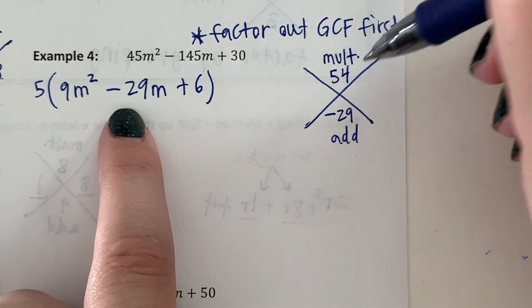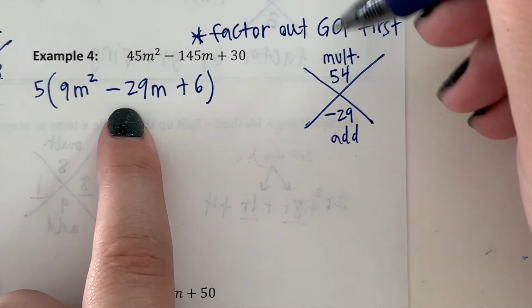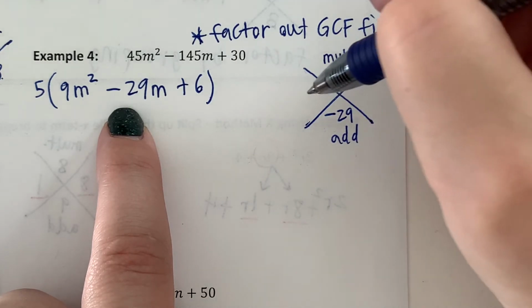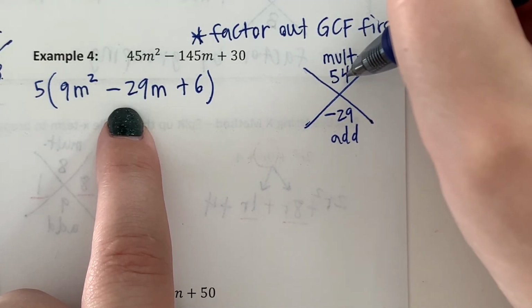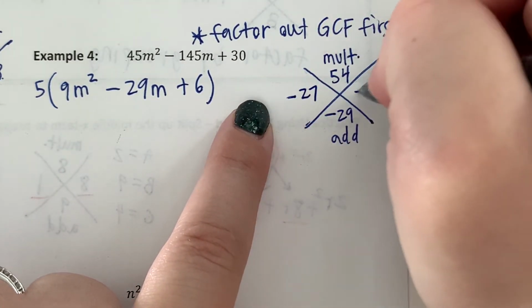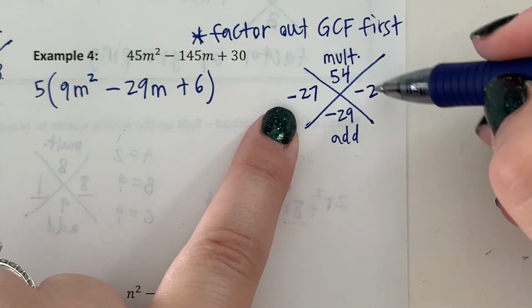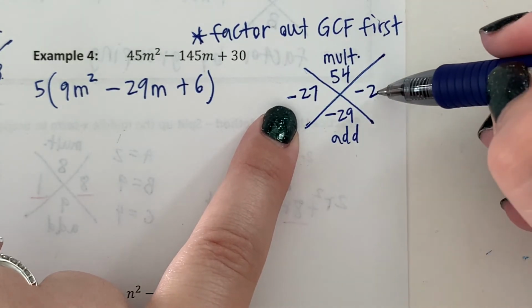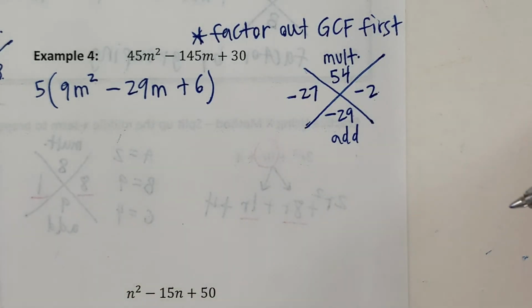I know 54 is even, so that would be what, 27 and 2. So 27 times 2 gives me 54. Oh, but also negative 27 and negative 2 would turn to a positive 54. And negative 27 plus a negative 2 adds to negative 29.